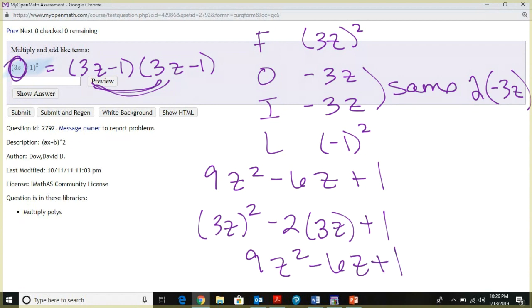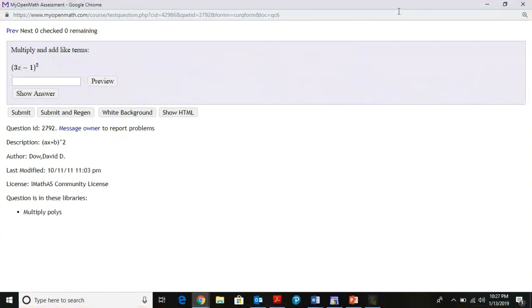So square the first one, the 3z, then multiply the two together, that's negative 3z, and double it, so negative 6z, and then square the last one. So again, just a shortcut, but you can always write it out twice and foil it. So I'm just going to square the first one, multiply them together and double it, and then square the last one.